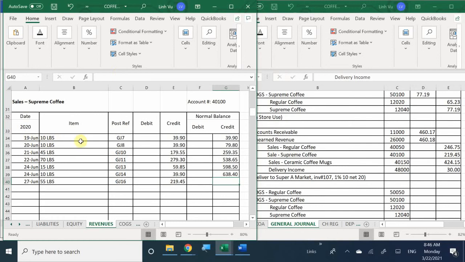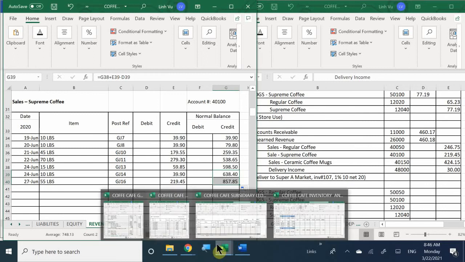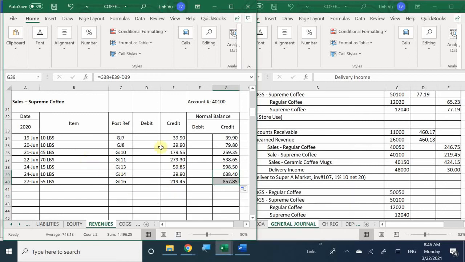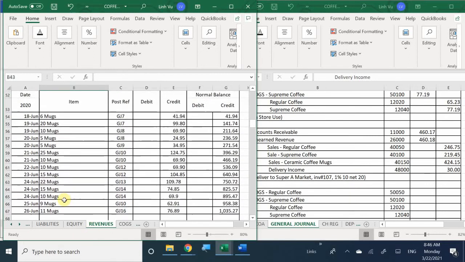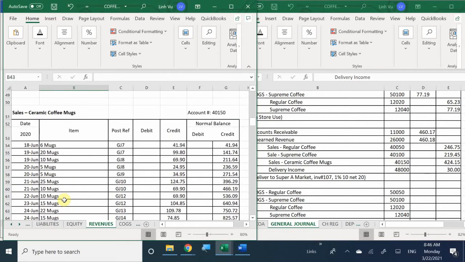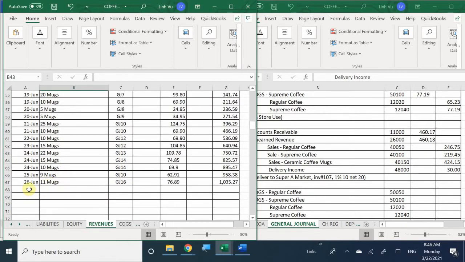So bringing our ending balance to be 85785. Yes. Good. And then ceramic coffee mugs. 85.